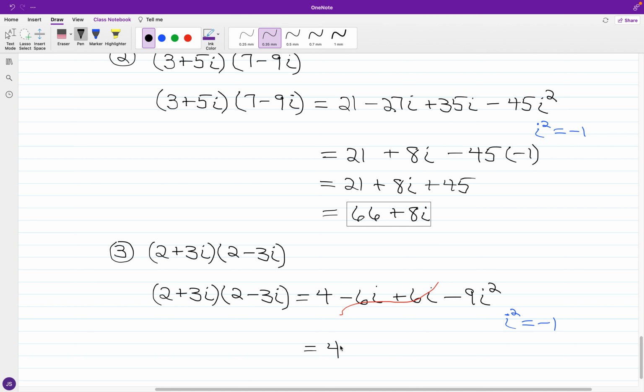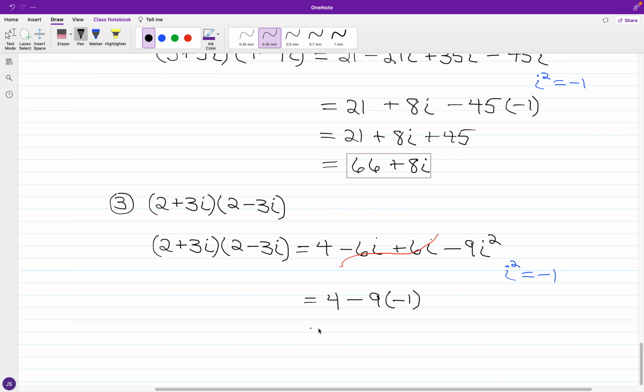And for negative 9i squared, we have negative 9 times negative 1, and here we have 4. Negative 9 times negative 1 is going to translate to positive 9. And for the outcome here, 4 plus 9 is 13.